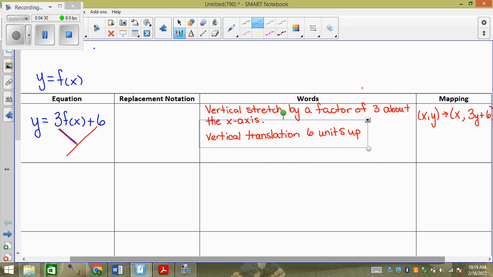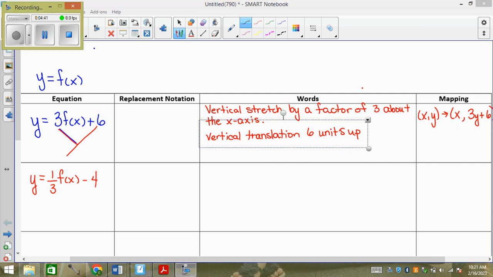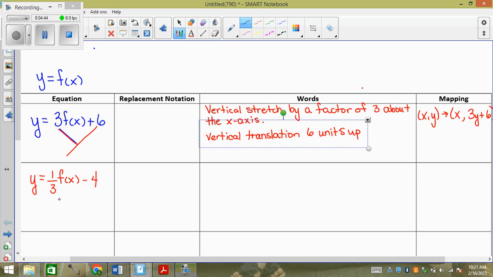So you do this one. Do the words and mapping. Okay, so this affects the y. If I do my mapping right away, I can say x, y becomes x stays the same and y is multiplied by a third, and I'm going to subtract 4, because my y in all 3 of these would be the same.